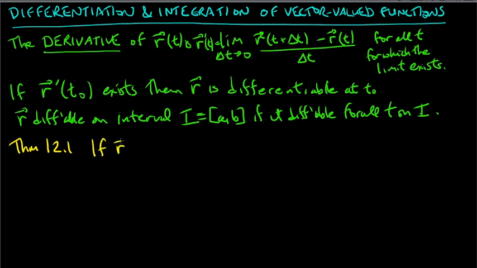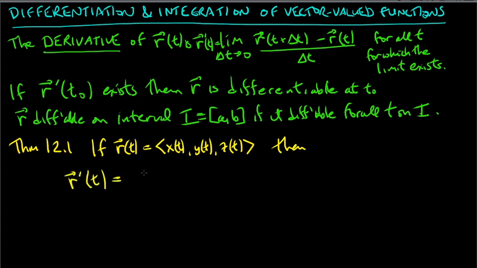If I have a vector valued function given with the 3 components, let's say x of t, y of t, z of t, then the derivative, r prime of t, or if you prefer, dr over dt, is just the vector valued function whose components are the derivatives of each component function separately.